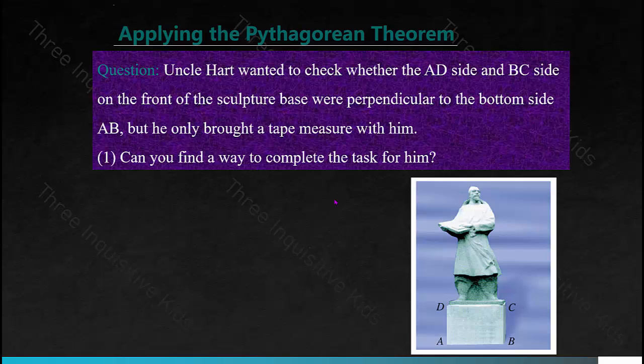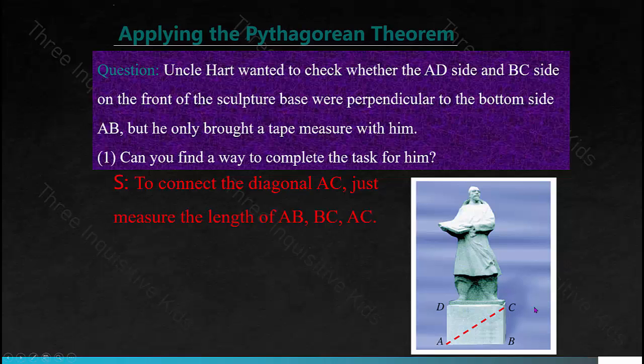Applying the Pythagorean Theorem. Uncle Hart wanted to check whether the A side and B side of the front of the sculpture base were perpendicular to the bottom side AB, but he only brought a tape measure with him. Can you find a way to complete the task for him? Well, first we can draw this line.